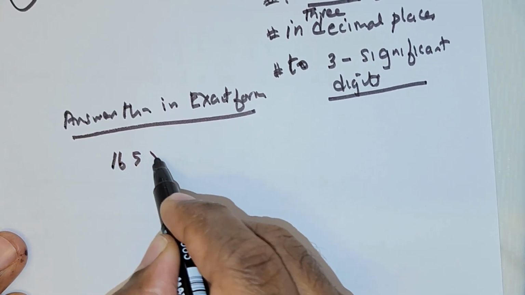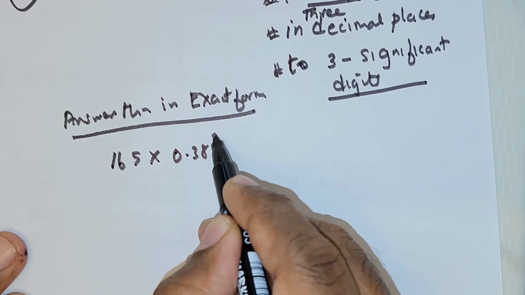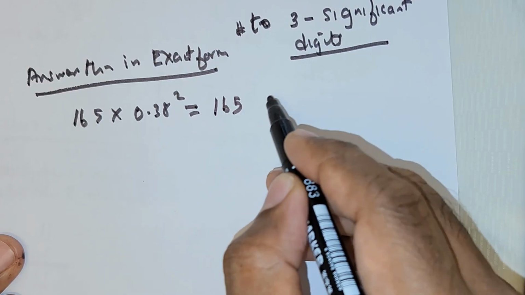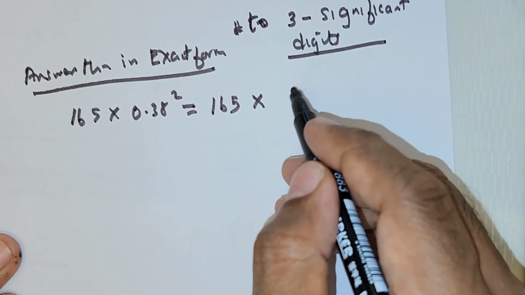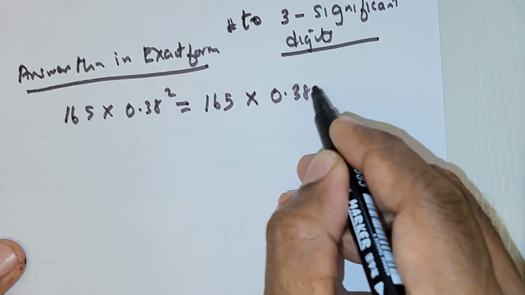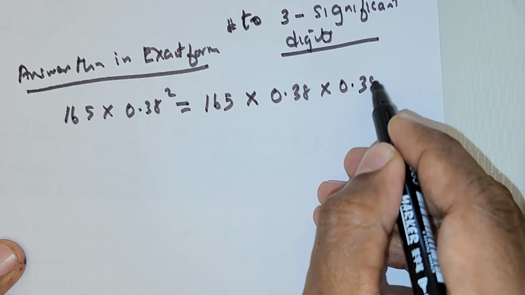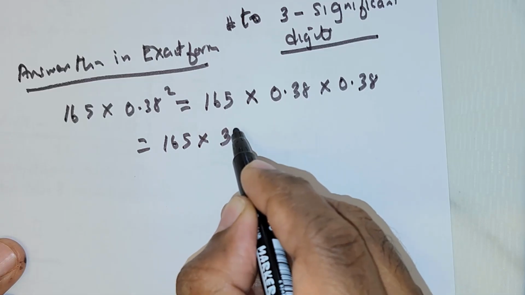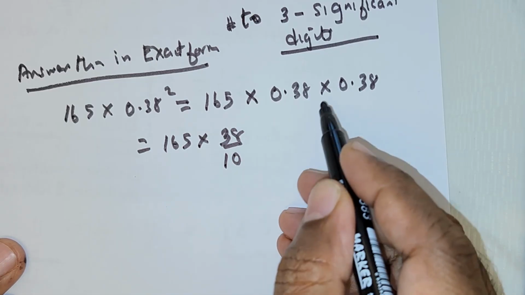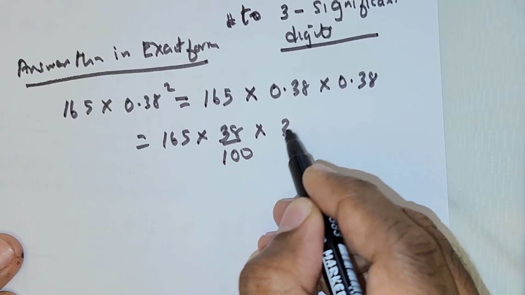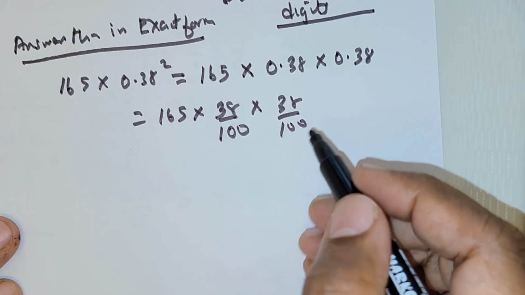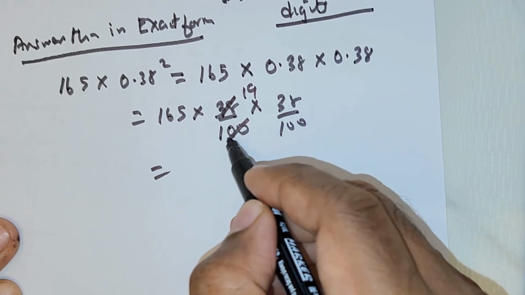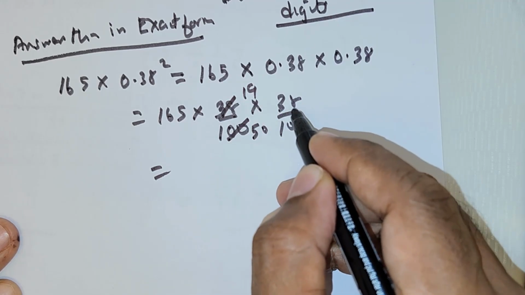We are given 165 times 0.38 squared. I want to rewrite this as 165 multiplied with 0.38 times 0.38. Next, I want to rewrite this as 38 over 100 times 38 over 100. Next, I will reduce this with 2 and this with 2.